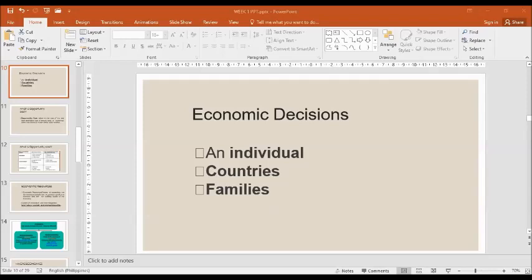And then in your economic decision, your family also affects the kind of decision you will have. Your family may influence you in what university you're going to enroll, or what course you want to enroll.